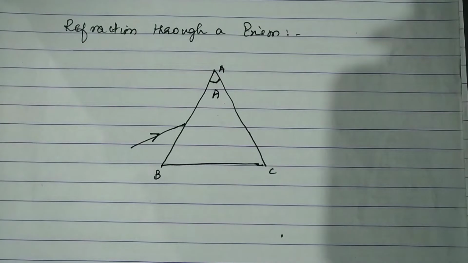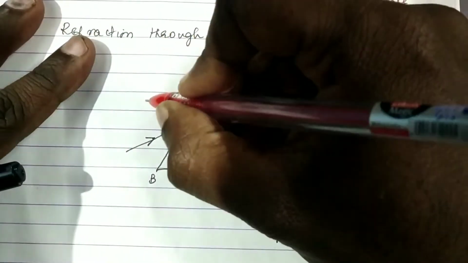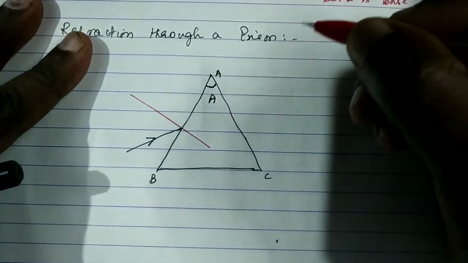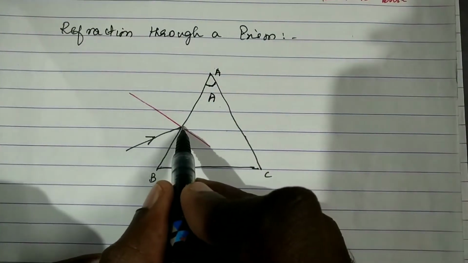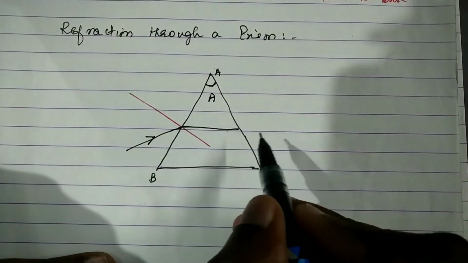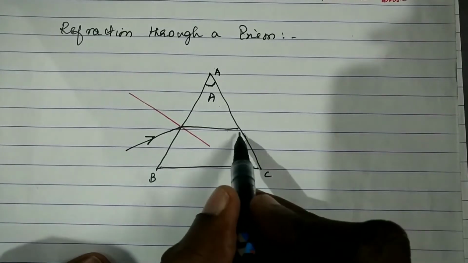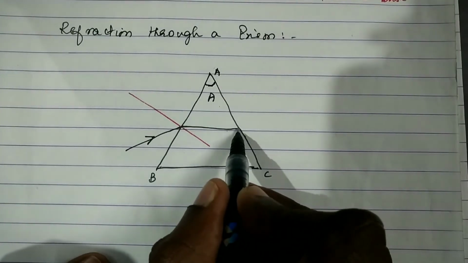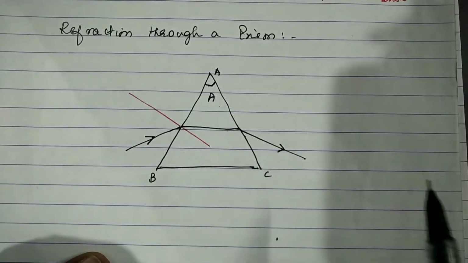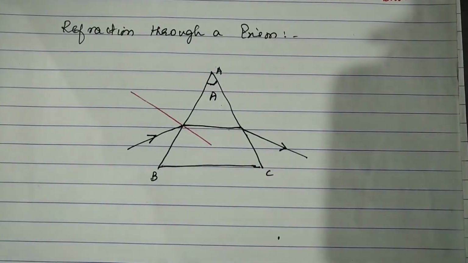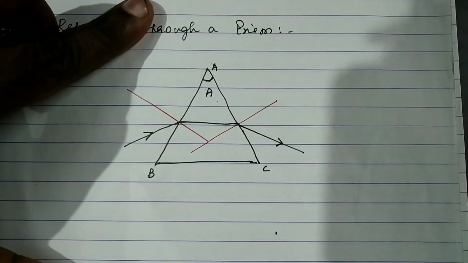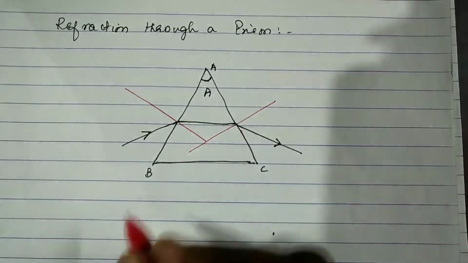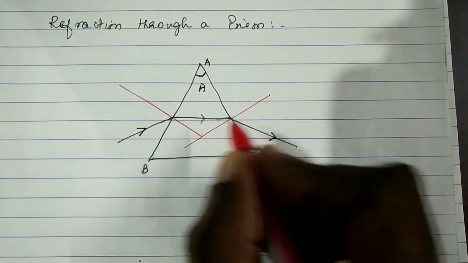So, I have to draw the normal. Normal will be perpendicular to AB. So, the light will bend towards the base, and again from denser to rarer it goes like this, right? So again in the refracting surface AC I am drawing a normal. Okay, so this is the path of light.